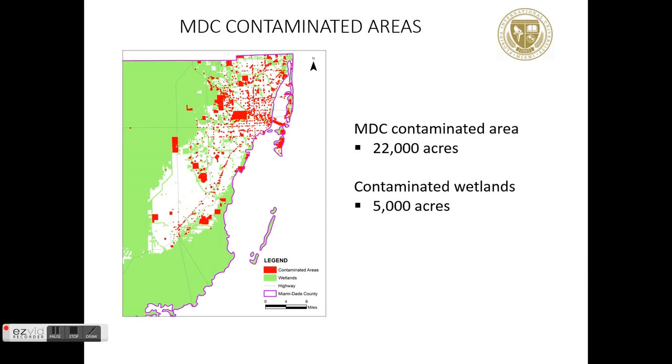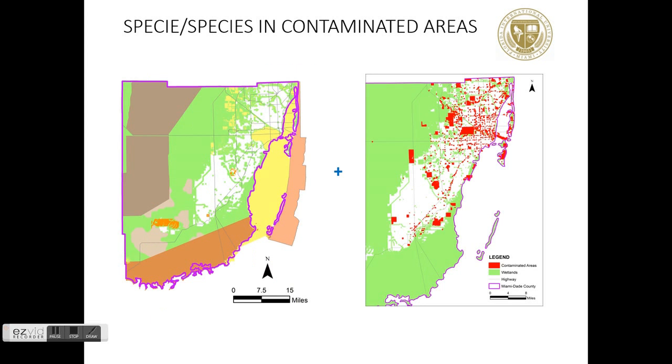In order to demonstrate which species habitat the contaminated wetlands, I used a geographic information system to overlay the maps of the wetlands, the critical habitat, and the contaminated sites, or contaminated areas, within Miami-Dade County.